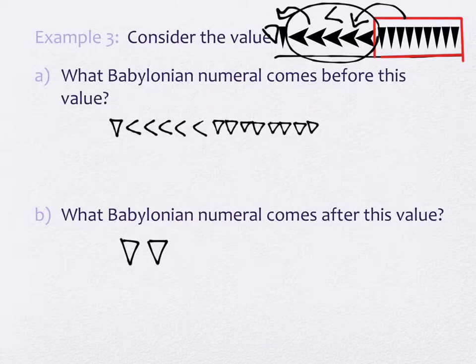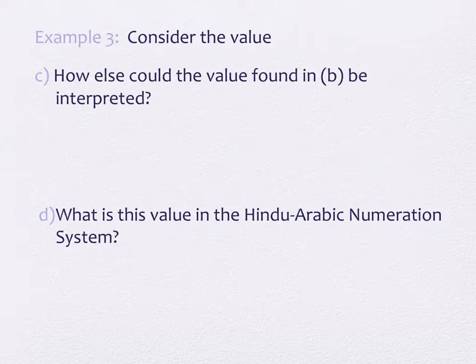Okay, so let's take a look. We're going to write some of those things down here in a second, but actually part C says, how else could the value in B be interpreted? Well, this actually could be interpreted as the number 2. But what we're really meant for it to be interpreted as was the number 2 in the 60s place, right? It's 2 60s, which is 120.